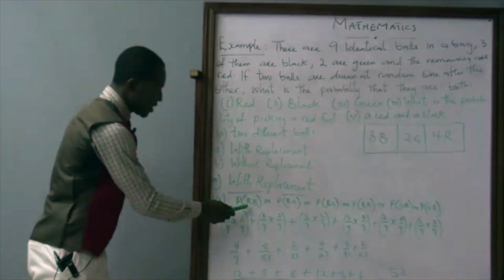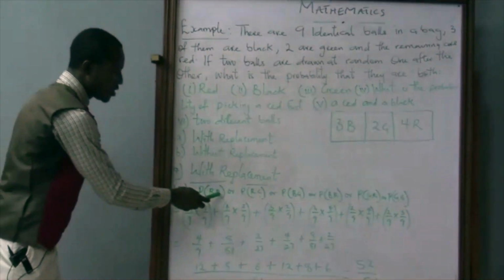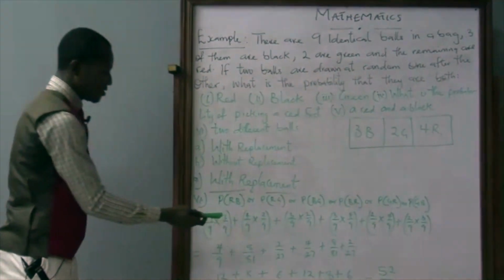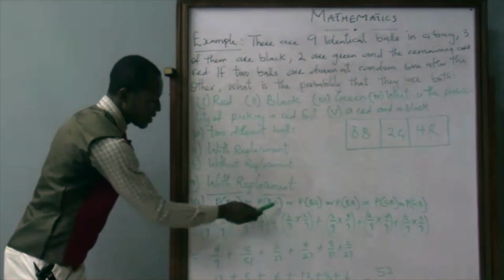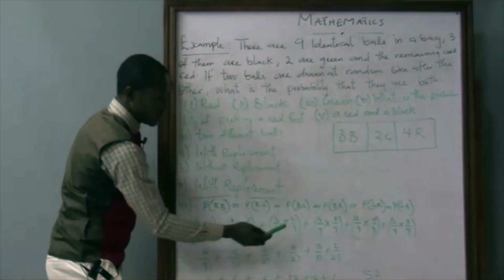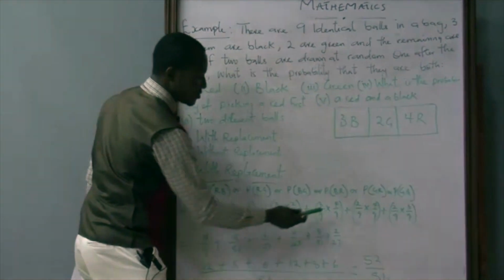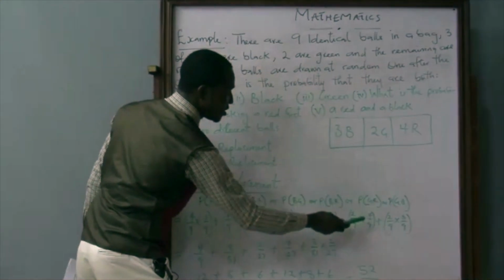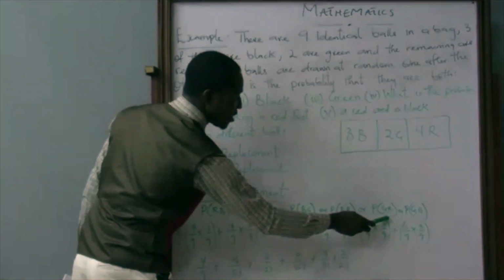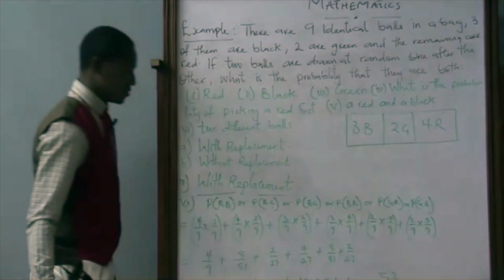For the red first here, of picking a red ball, 4 over 9, times of picking the black ball, 3 over 9. Goes like that, 4 over 9 times 2 over 9, 3 over 9 times 2 over 9, 3 over 9 times 4 over 9, 2 over 9 for green here, times 4 over 9 for red, then 2 over 9 for green, 3 over 9 for black.